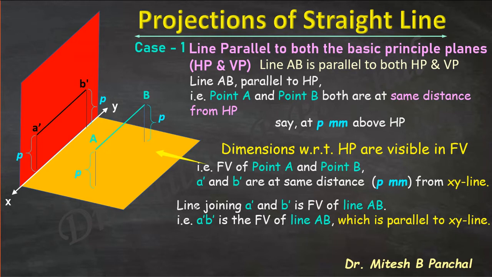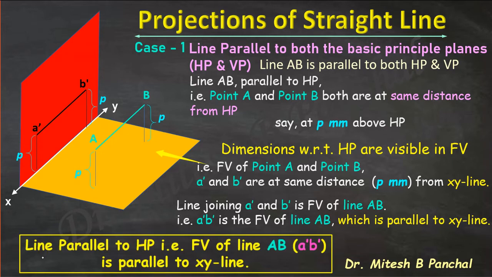Okay. So when we consider a line parallel to HP, then we obtain front view of line AB, A dash B dash, parallel to XY line. So this point we will consider like this. When line parallel to HP, then its front view, that is for this particular case A dash B dash, is parallel to XY.